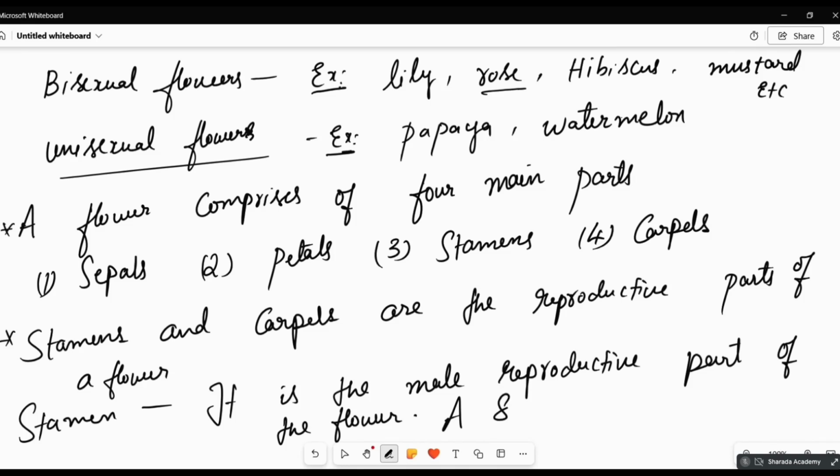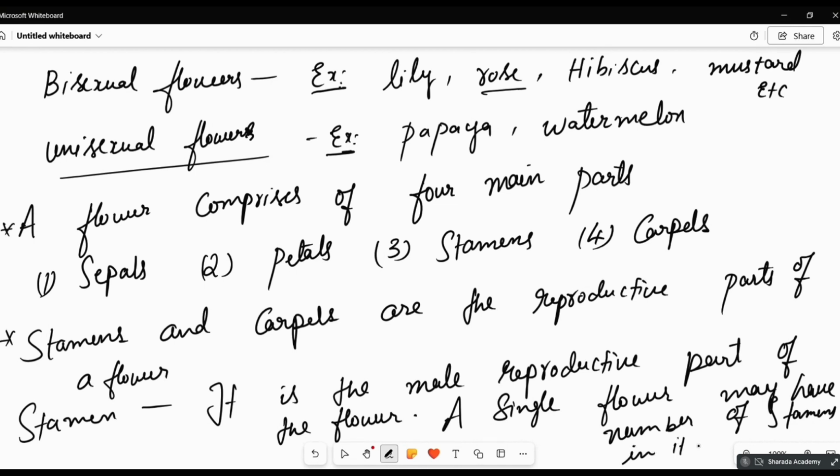A single flower may have a number of stamens in it. It's a male reproductive part of the flower.